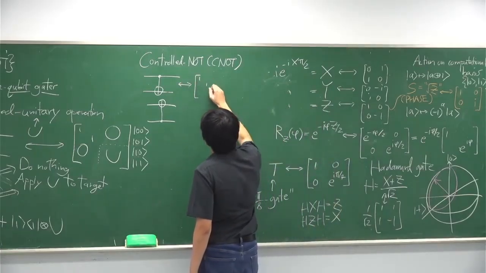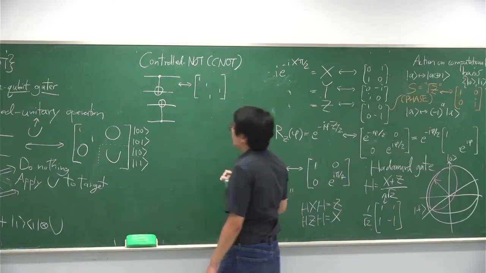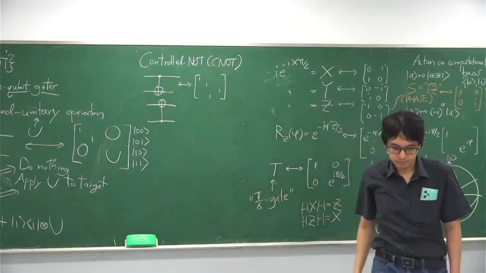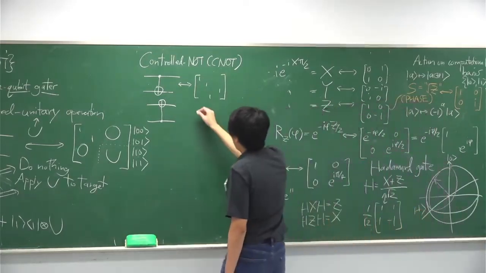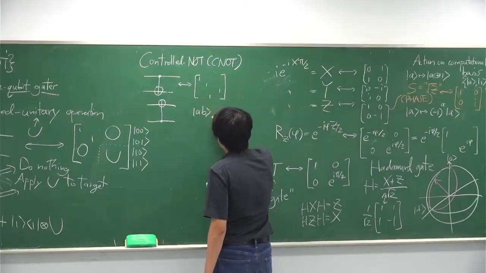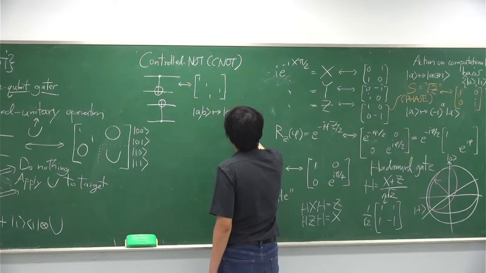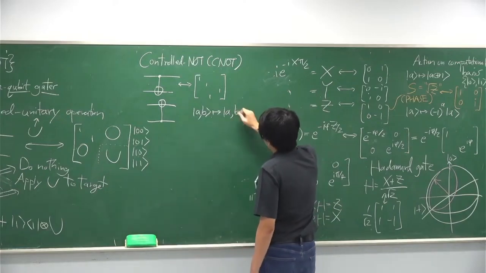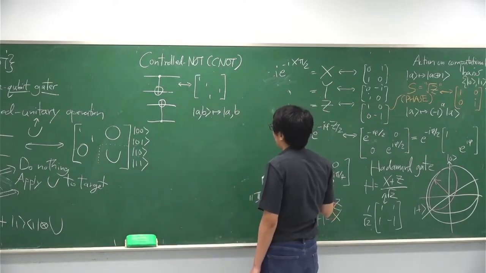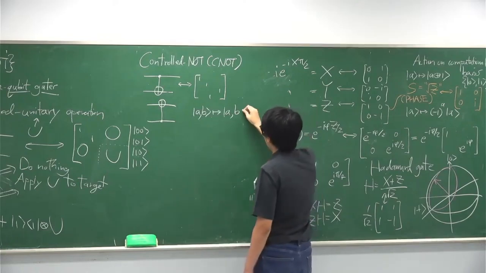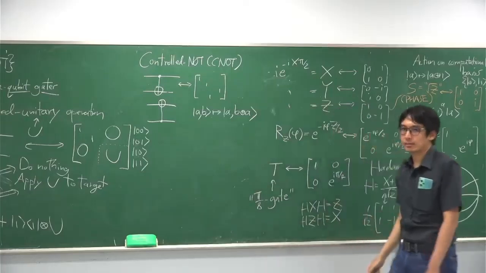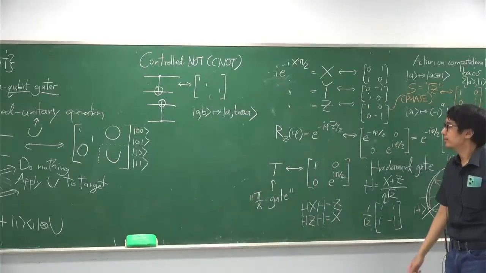Here is the matrix form. And the action on the computational basis is that you add whatever value of A to the second qubit, the second register.